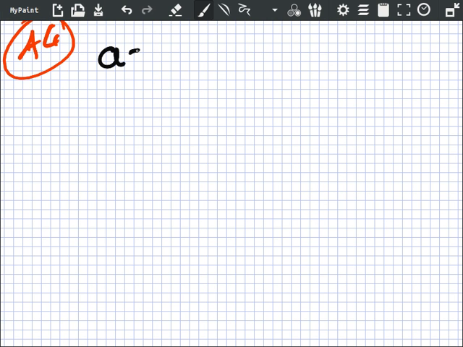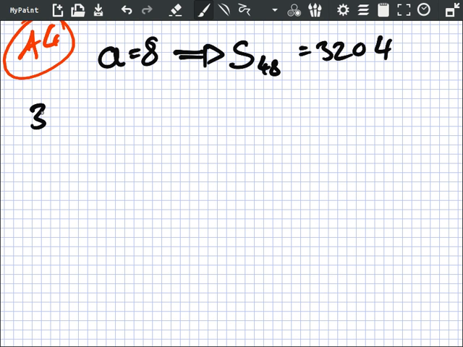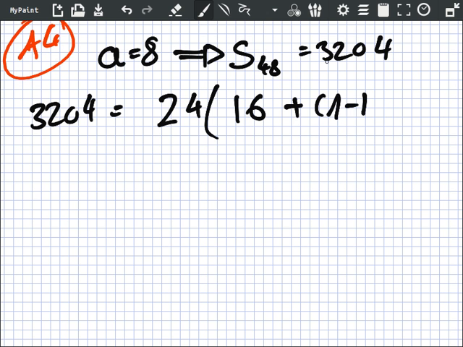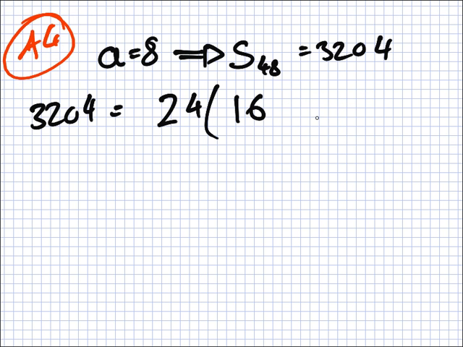An arithmetic series has the first term 8, and the sum of the first 48 terms is 3204. Find d. So if you put that into the formula, you have 3204 is n over 2, 2a plus n minus 1, and n minus 1 we know is 47, times d.